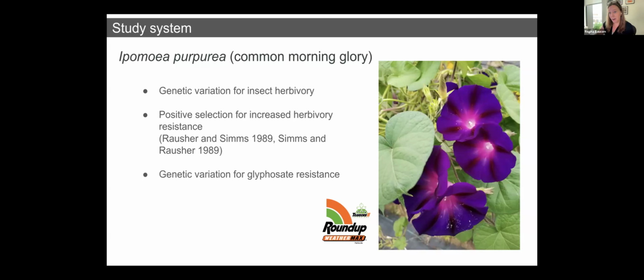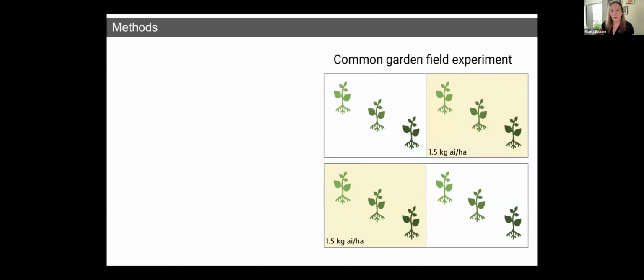We've shown that there's genetic variation underlying glyphosate resistance in this species, and that there's positive selection in the field for glyphosate resistance. Okay, so we kind of have the basic criteria for the evolution of both glyphosate resistance and herbivory resistance present in this species.